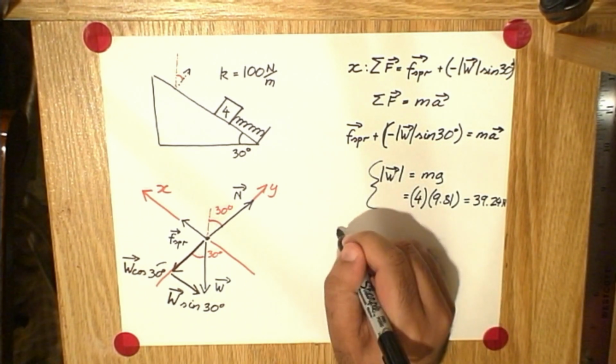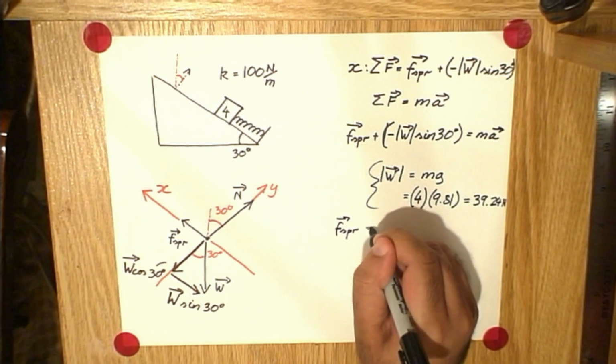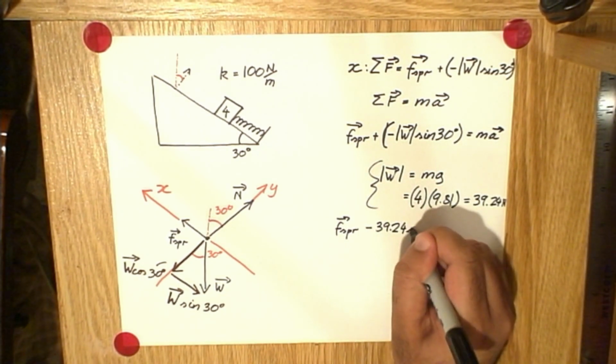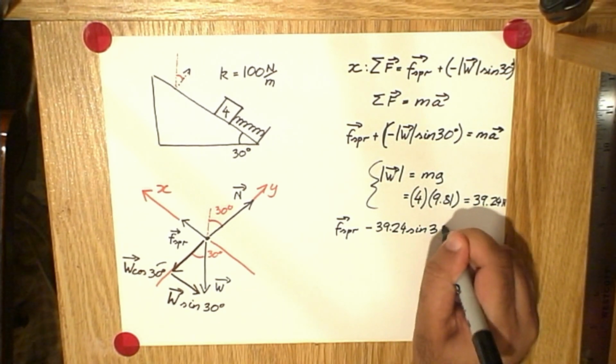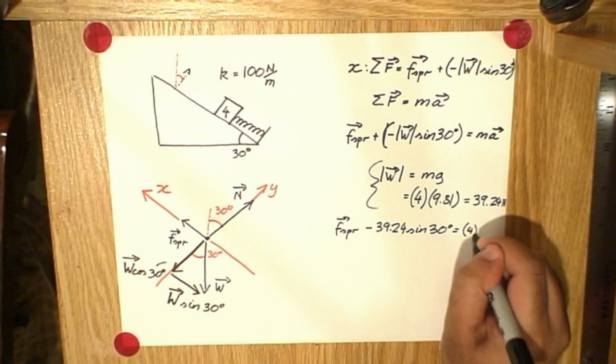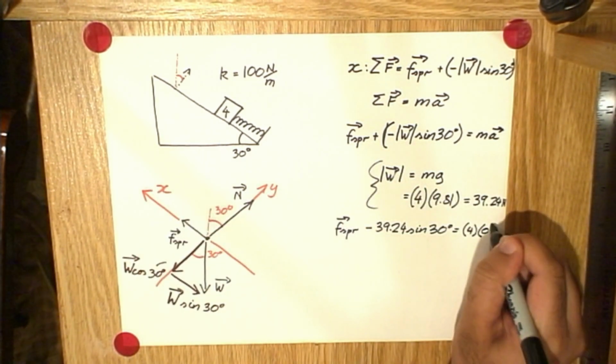So now we have a spring force minus 39.24 times the sine of 30 is equal to the mass of the object, 4, times an acceleration. Well, this object isn't moving, so the acceleration would be 0.